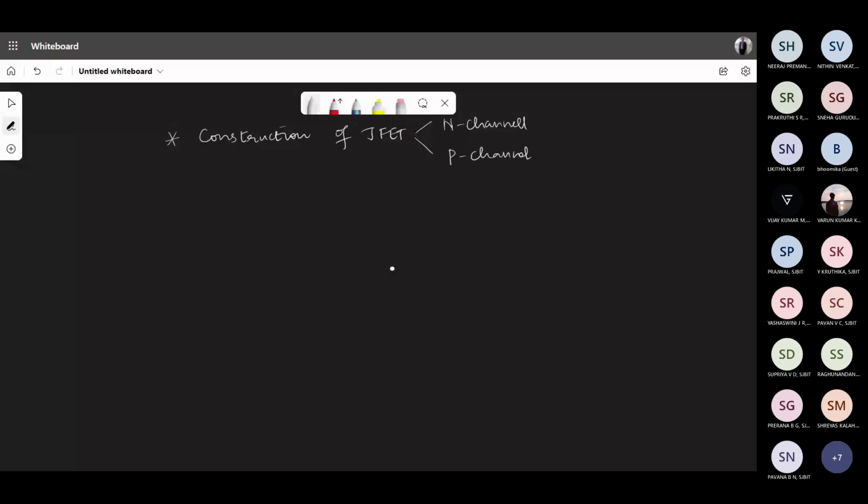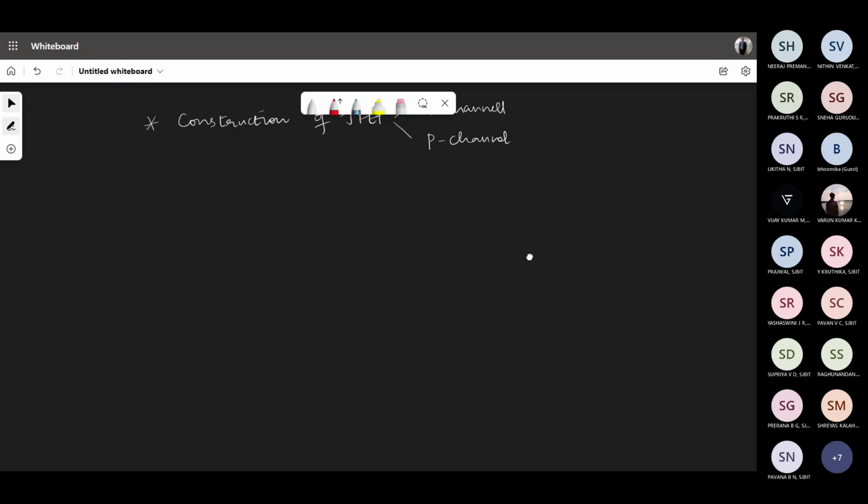We'll continue further with the rest of the discussion. I have already given this explanation in the practical class when we did the simulation, but we'll redo it for the entire class so that everybody understands it.